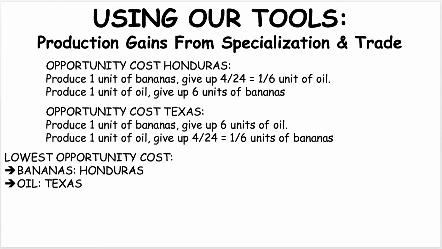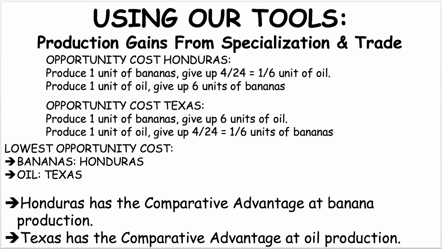Since the opportunity cost for Honduras is much lower, we say that they have the lowest opportunity cost for producing bananas, and needless to say, Texas will have the lowest opportunity cost for producing oil. Because of that, Honduras also has the comparative advantage at banana production. Texas has the comparative advantage at oil production.